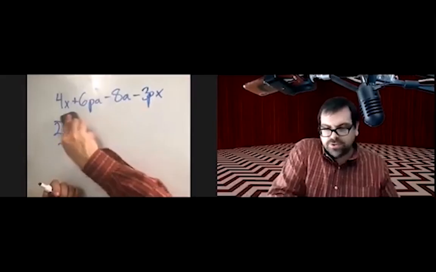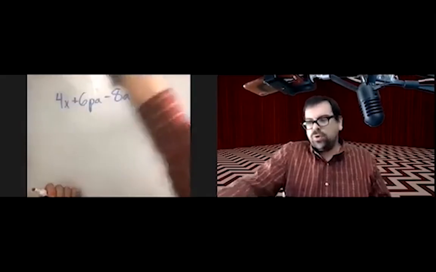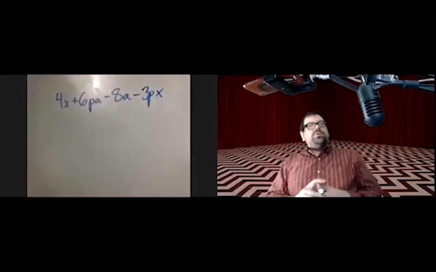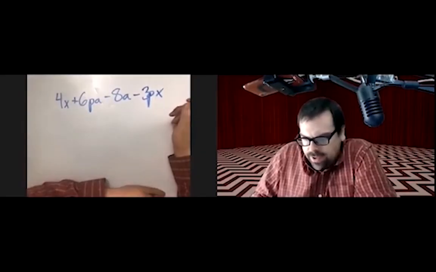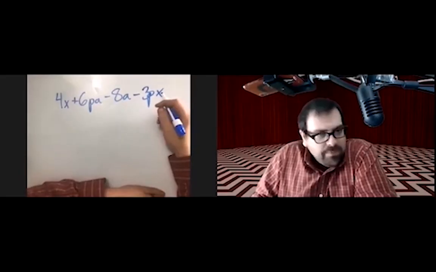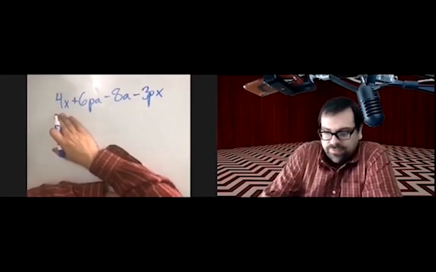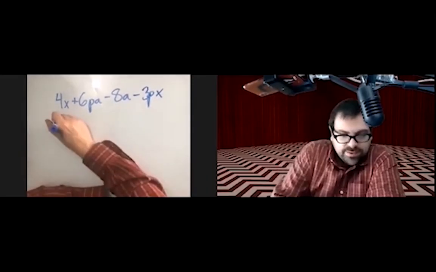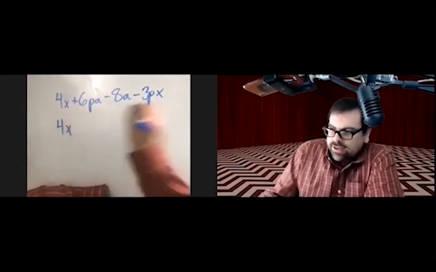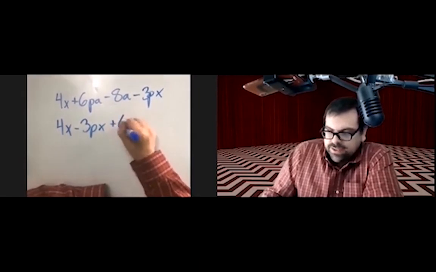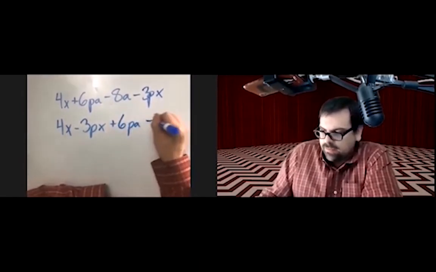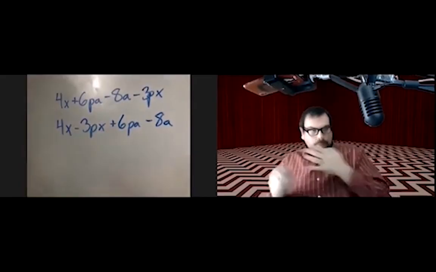It will then become our strategy to regroup, rearrange before doing our groupings. Let's get some common variables together. What if this x was with that x? So 4x minus 3px plus 6pa minus 8a. Let's try that.